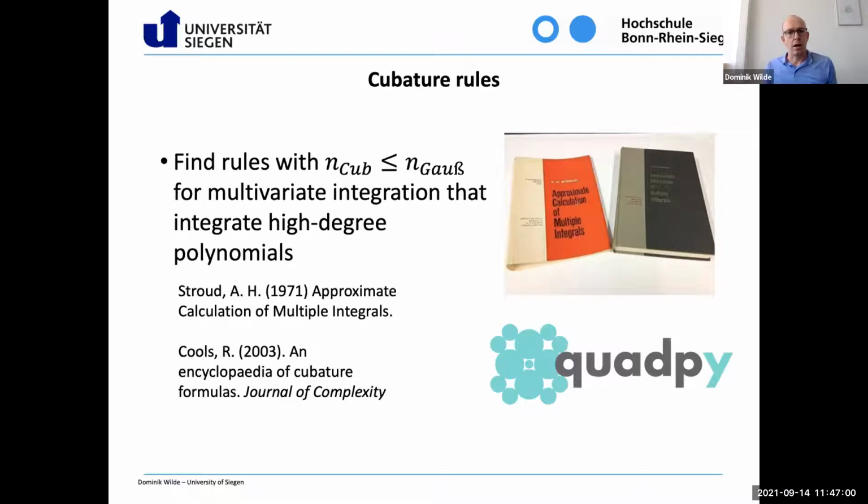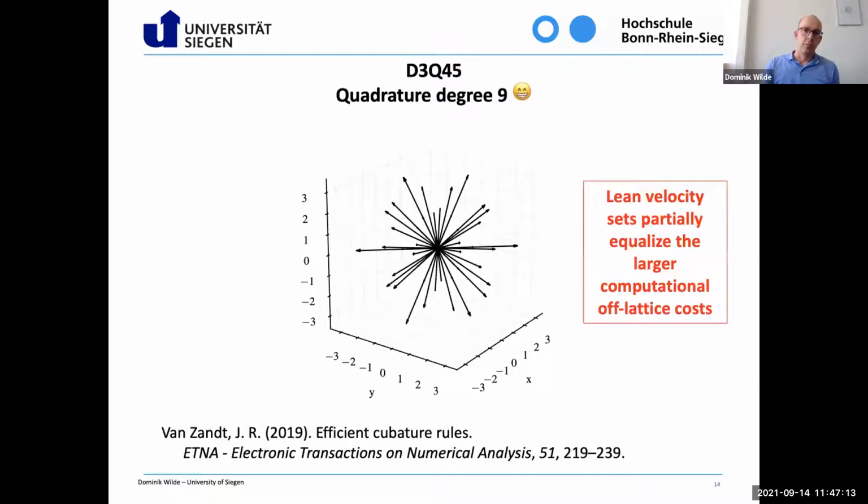There is a vast literature about this field, which is not connected to Lattice Boltzmann, and it's all about proper numerical integration. By going through the literature, we found a D3Q45 velocity set, which has quadrature degree 9. This velocity set partially equalizes the larger computational costs of Lattice Boltzmann methods like the SLLBM, but it possibly can also be applied in DUGKS, for example, which we heard earlier.